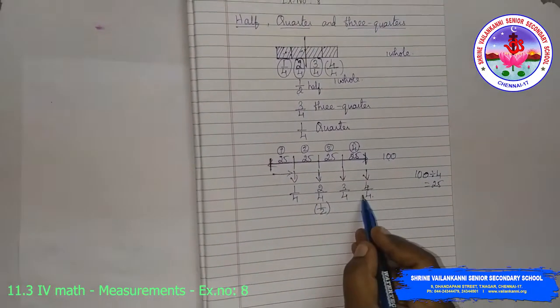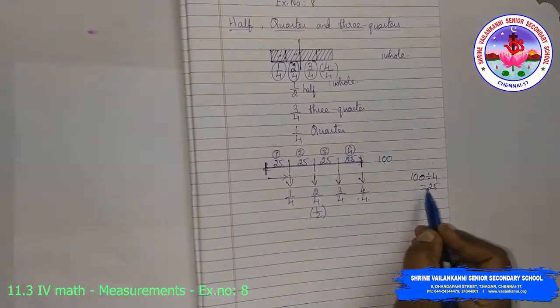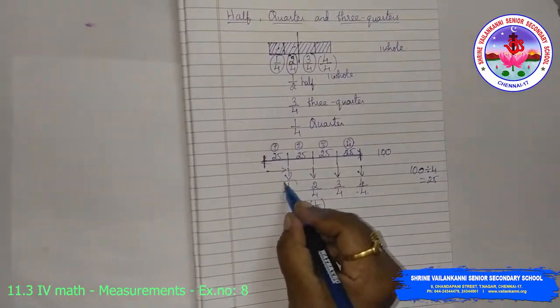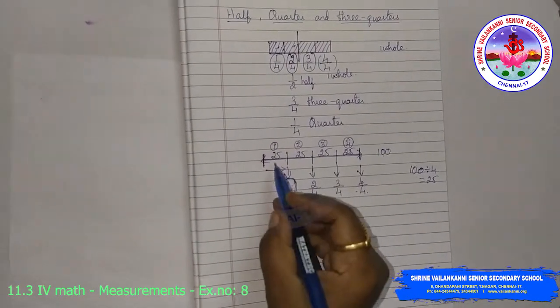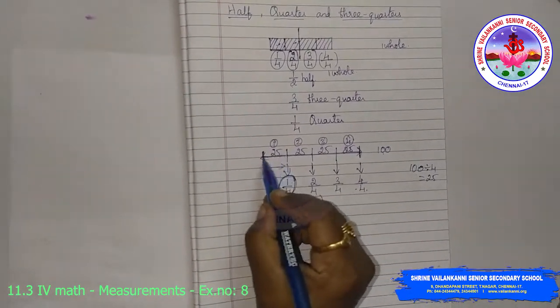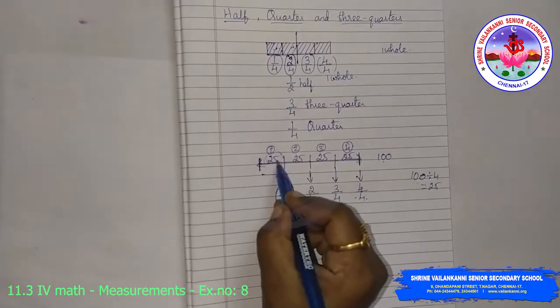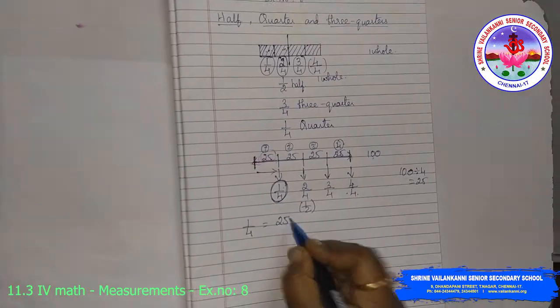In fractions also I told how much each part will consist. So 1/4, a quarter, how much does it hold out of 100? It has 25. So 1/4 is equal to 25.